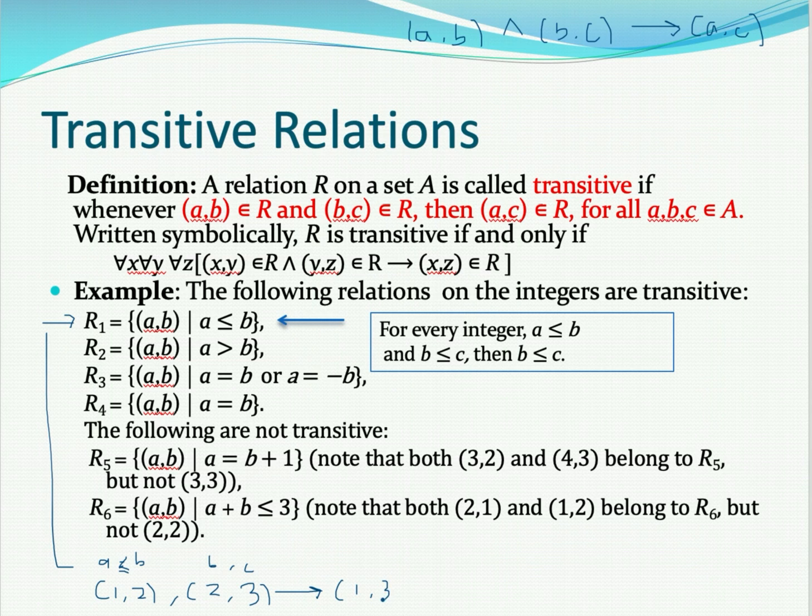So if you look into here, our AB fulfills this condition. Our 2 3 also fulfills this condition. Our 1 3, our AC here, also fulfills this condition, because the A here is less than the C here. So that's why the R1 is transitive.